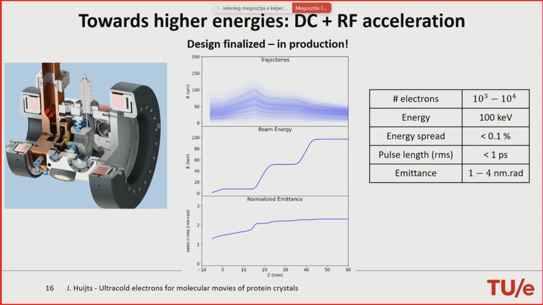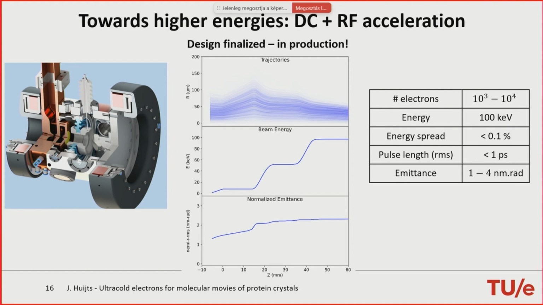It's very exciting. And the simulations say, so what you see here is first there's this DC part of the acceleration going up to about 10 keV, and then there's the first acceleration cell and the second one, and we get up to 100 keV, with an energy spread of below 0.1%, and that's really very good for such a system.